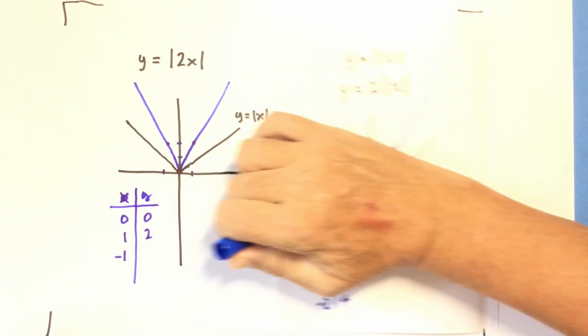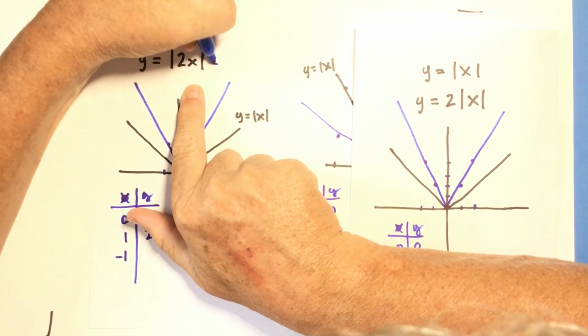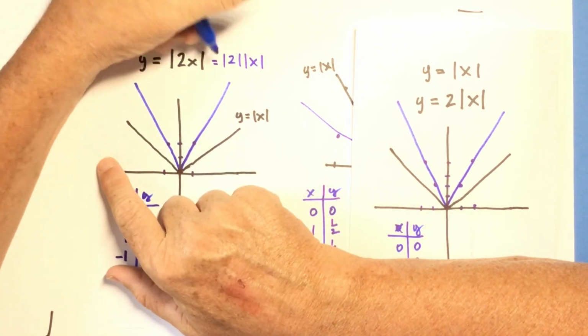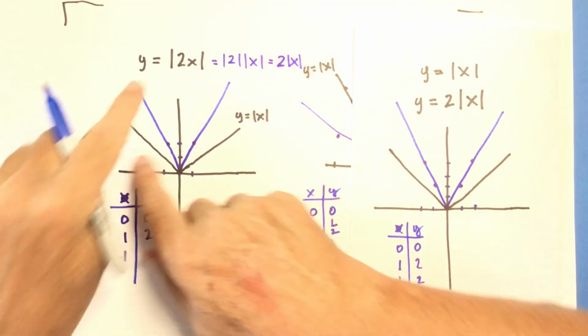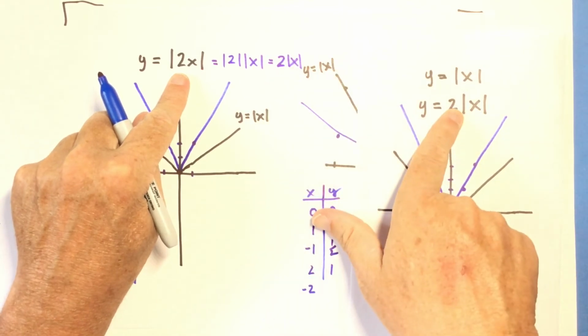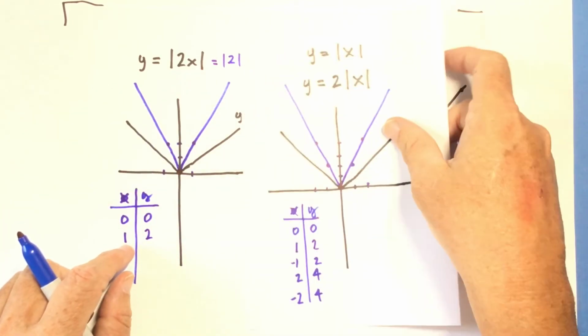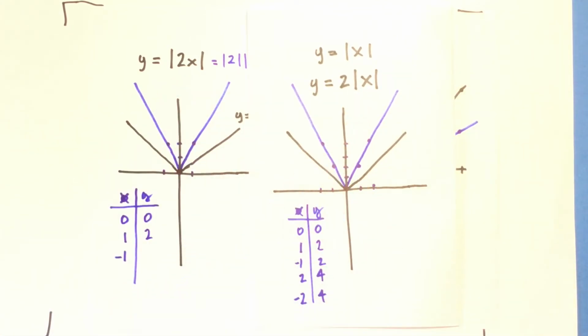And the reason why is because, as I'm sure you know, the absolute value of 2x is equal to the absolute value of 2 times the absolute value of x, and the absolute value of 2 is just 2. That means this and this are the same. That and that, same thing.